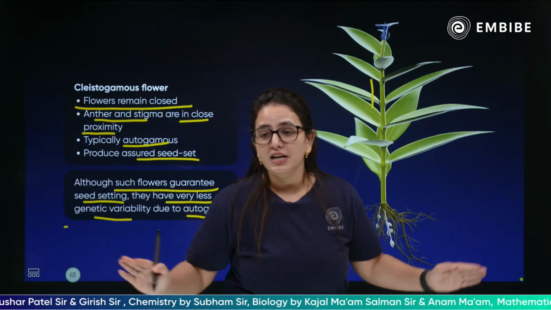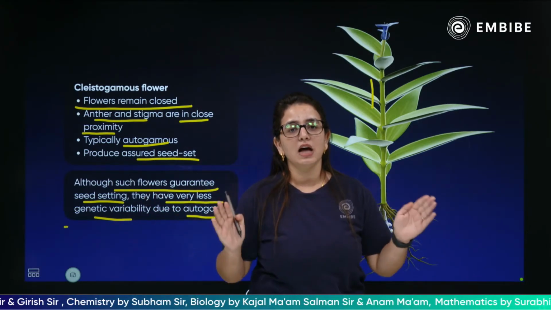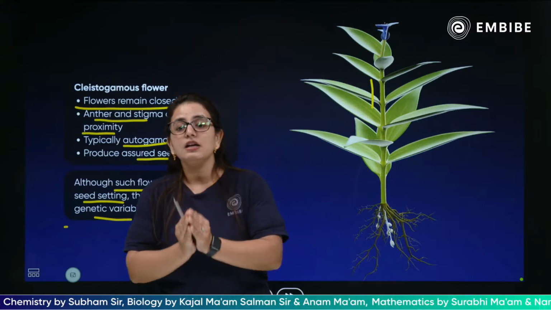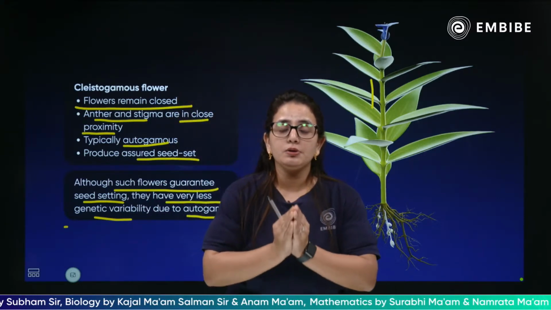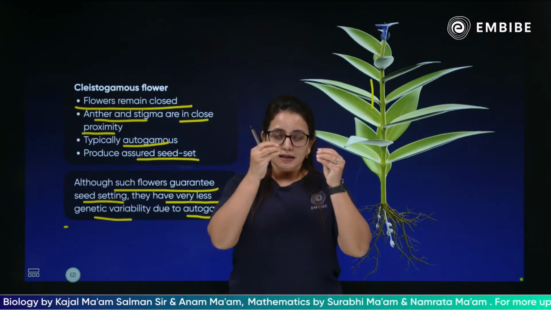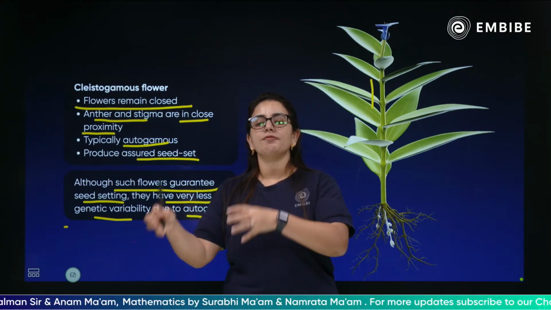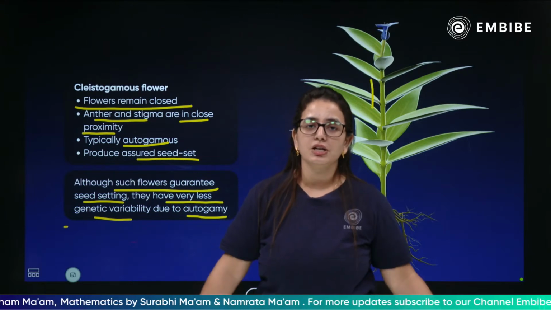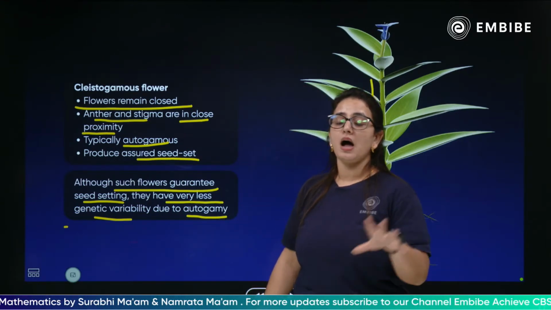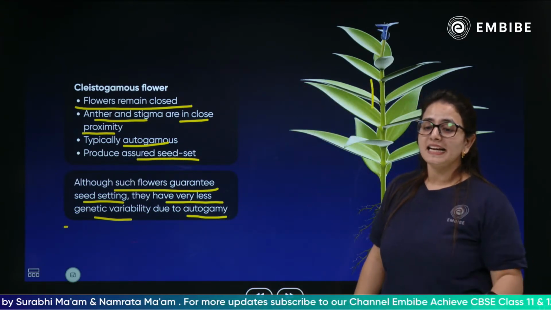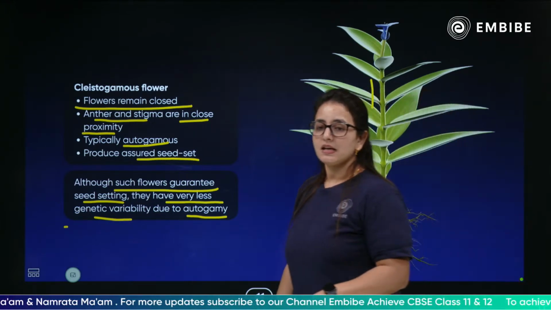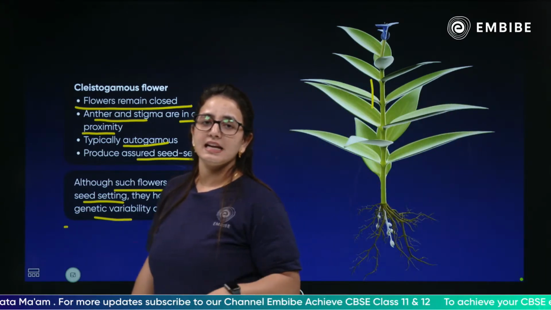There will be no genetic variability since both are present in one flower. The only possibility is that the pollen within the flower passes onto the stigma within the same flower, so there is no genetic variability and they form an assured seed set.